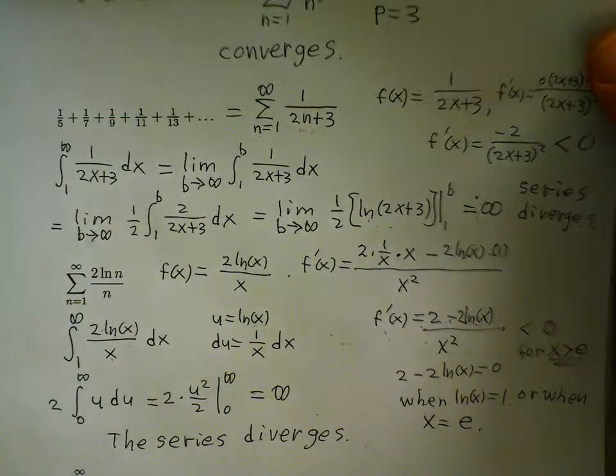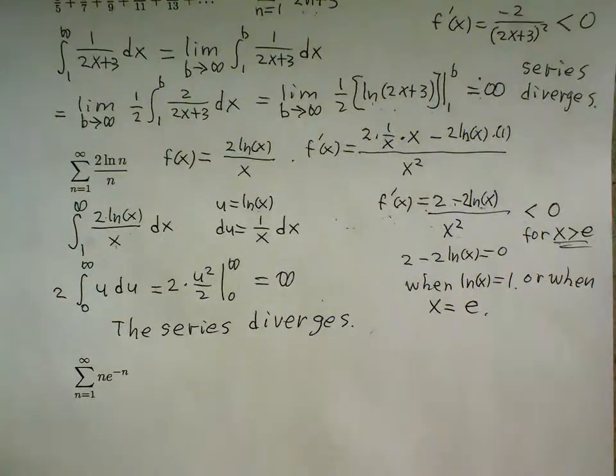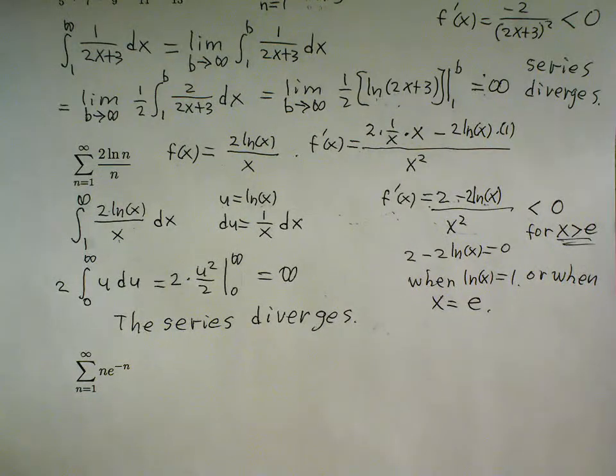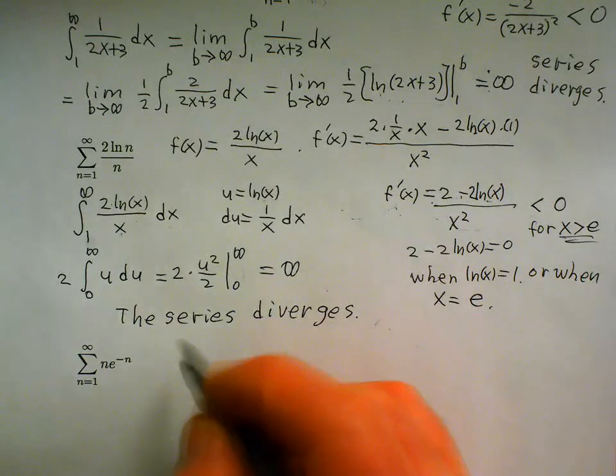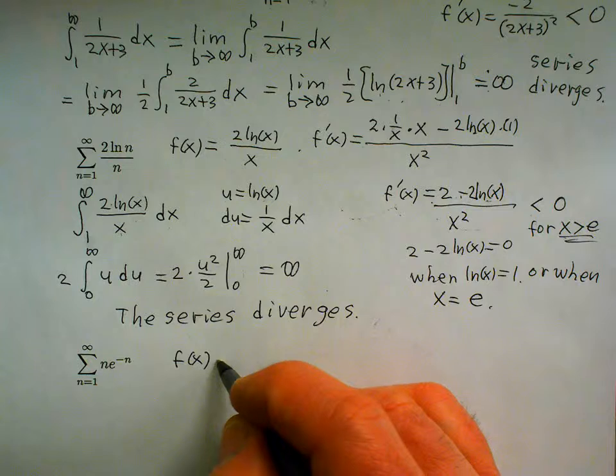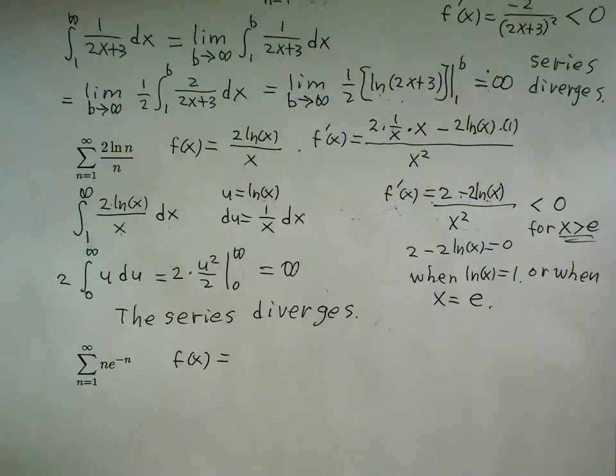Okay, the next example, the series n times e to the negative n. So let's pick f of x to be either x times e to the negative x or x over e to the x.